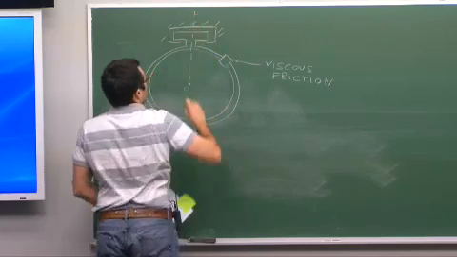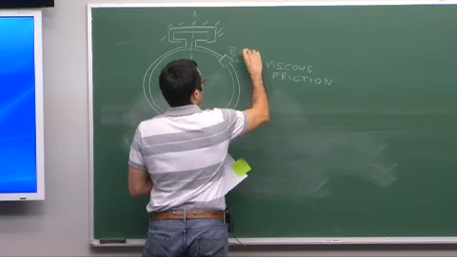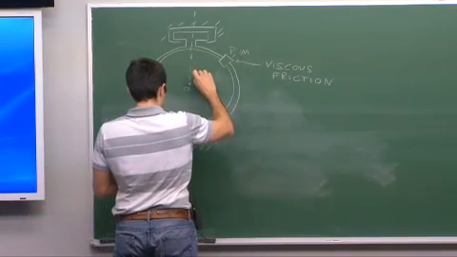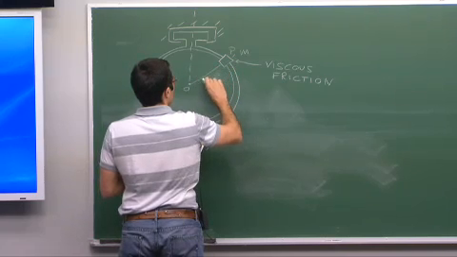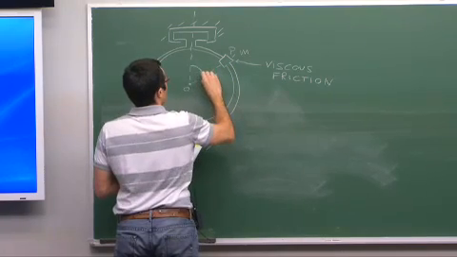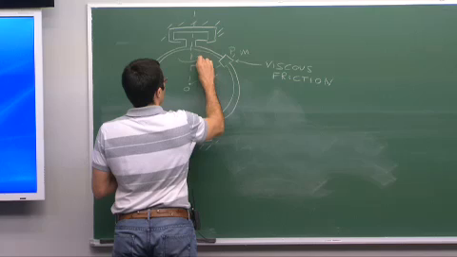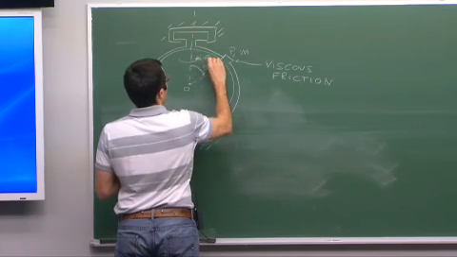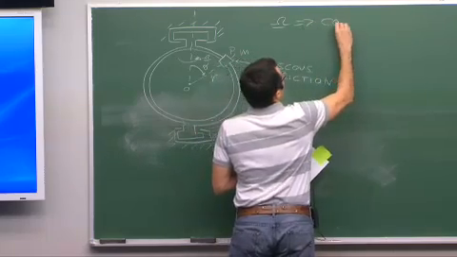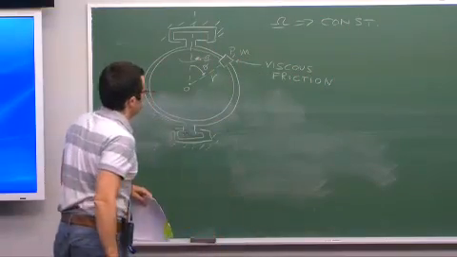We call this point P. The mass of this collar is m, and the radius of the annulus is r. We call this angle theta, and the annulus is given an angular velocity omega, which is constant, about this vertical axis here, if we can call that vertical.